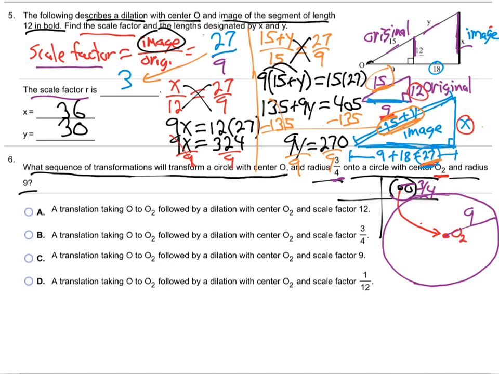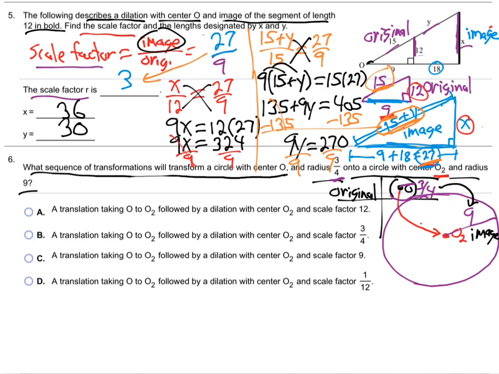Okay, so what's going to make that happen? How does that work? Well, you've got to take O to O2. You've got to move the center, and then you've got to do some kind of size transformation. 3/4 has got to become 9. This is the image, right? And the 3/4, this one over here, is the original.